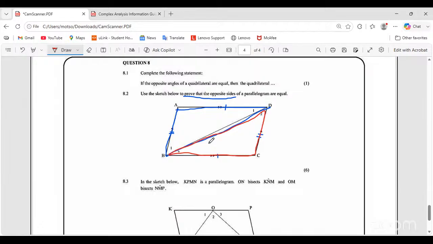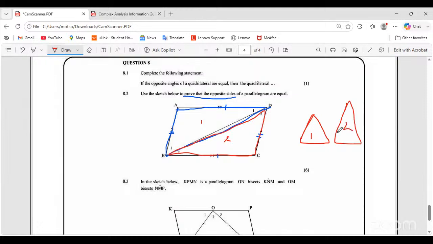Remember the congruency. If we want to prove that triangle 1 and triangle 2 are congruent to each other, we mean that we want to prove that they are exactly equal to each other in everything. With similarity, we say maybe quadrilateral 1 is the enlargement of quadrilateral 2.